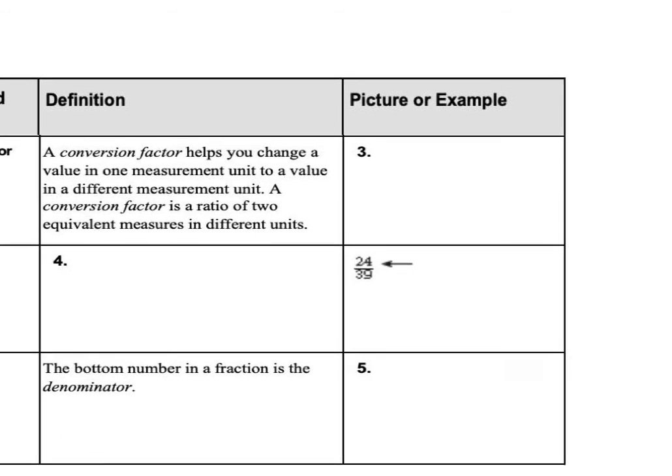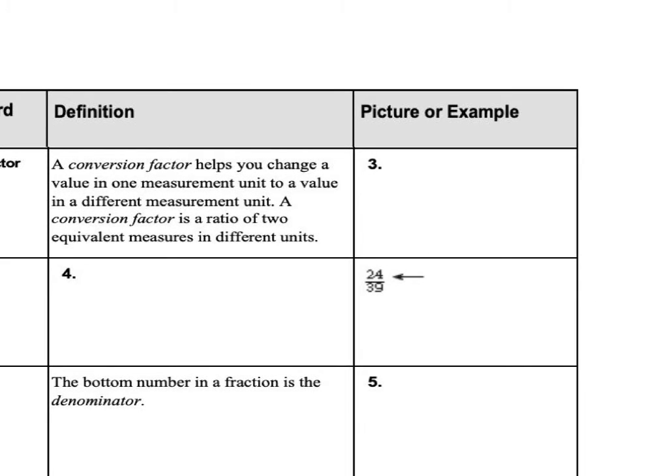An example of that could be, just like we did before, seconds over hours. Let me rewrite that. It's 3,600 seconds per hour, or 12 inches per foot, and so on and so forth. Okay, it's a conversion factor.